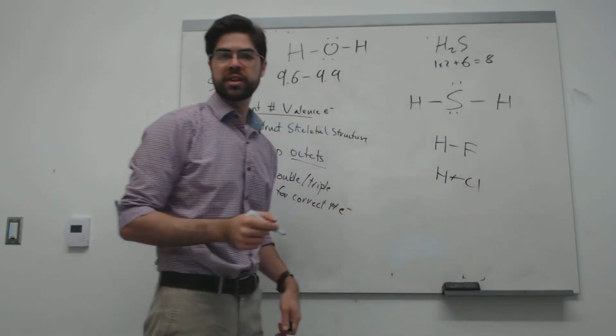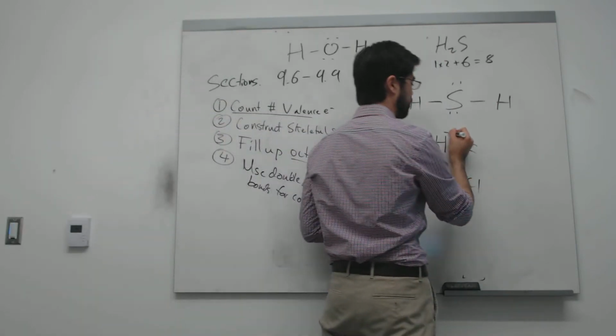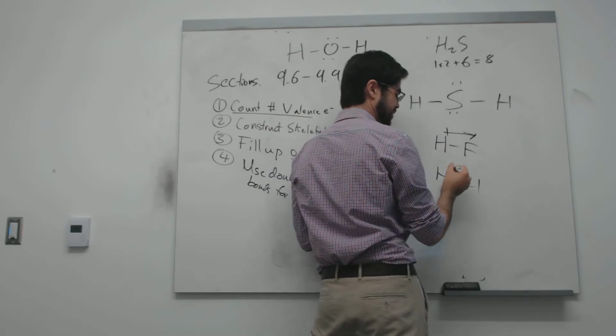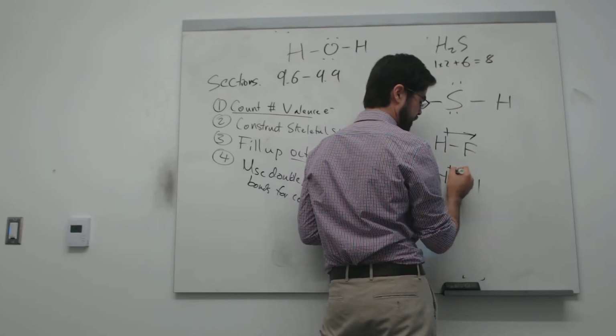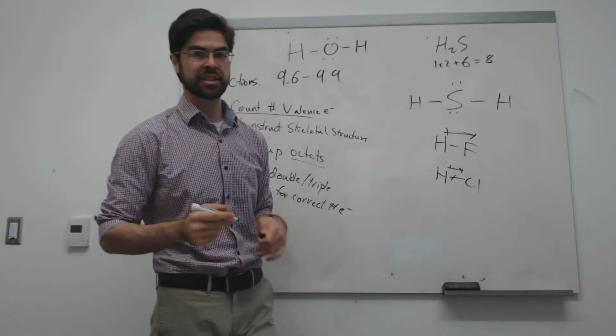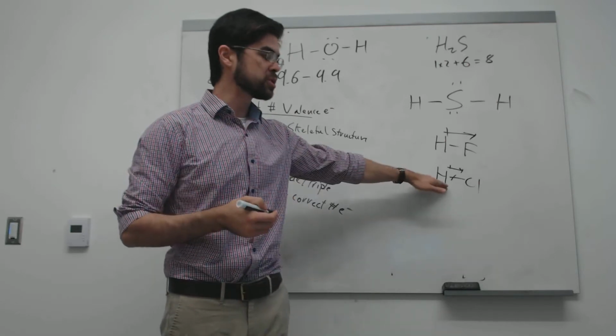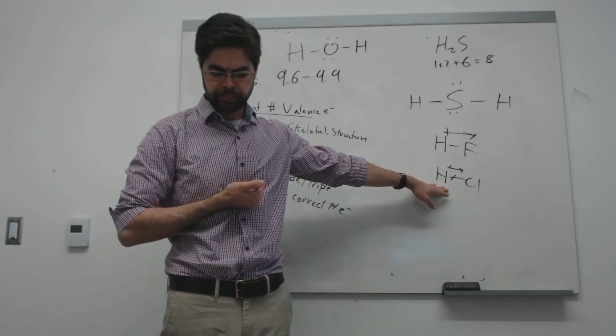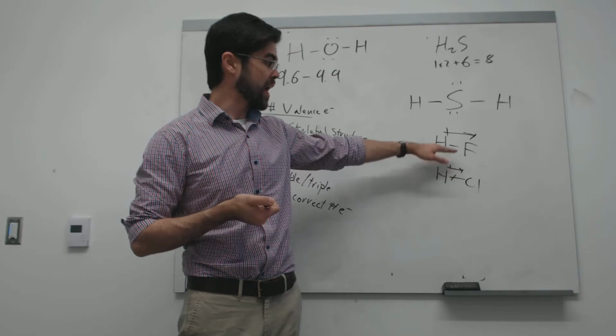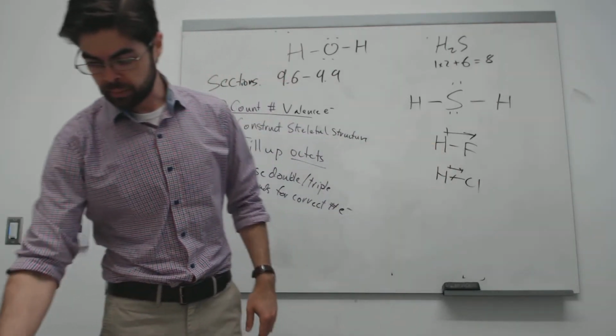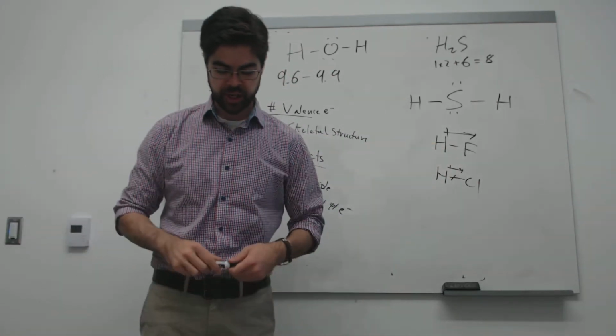And this is a confusing example because even though fluorine is more electronegative than chlorine, HCl ends up being a stronger acid than HF.